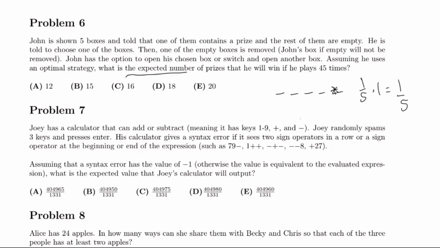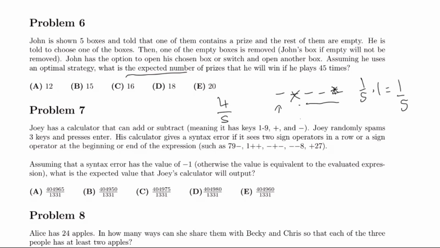Now, if he lands on the wrong box, he has a 4/5 chance of landing on the wrong box. So let's say he just picks this one, and the judge or whoever removes the boxes will remove one box, and we're left with 3 boxes. If he decides to switch, which he pretty much has to, right?